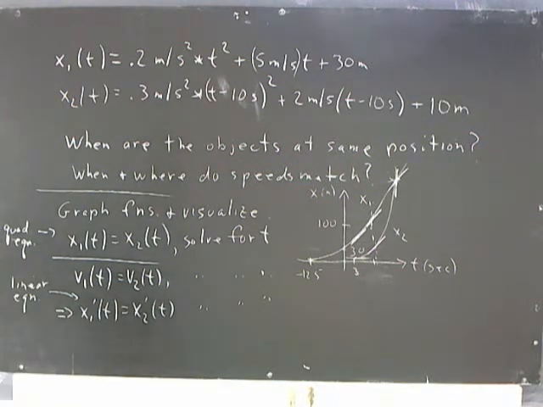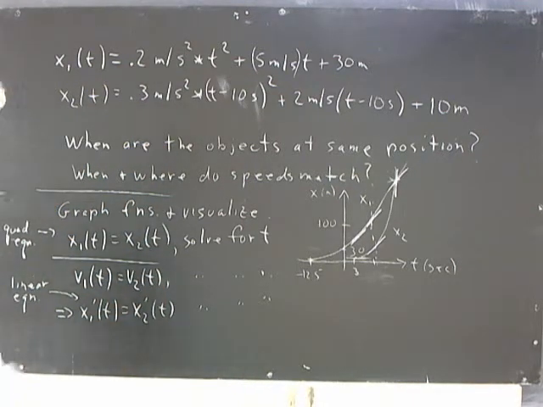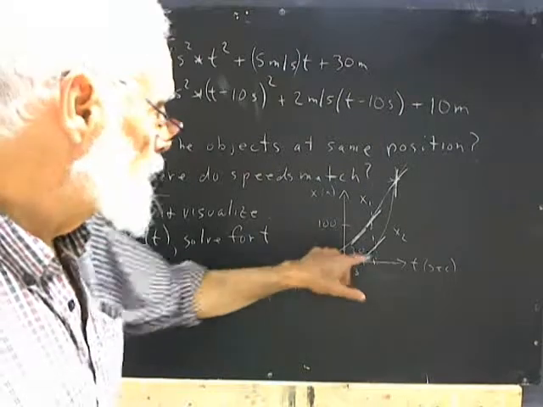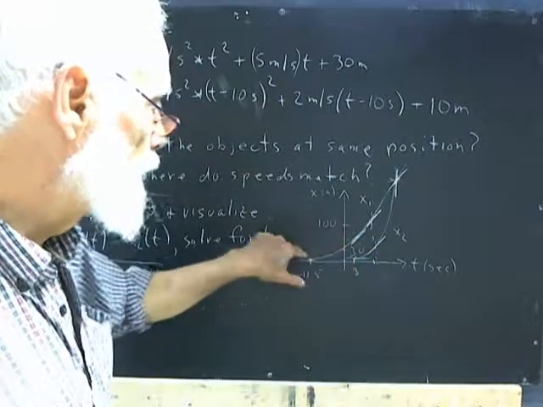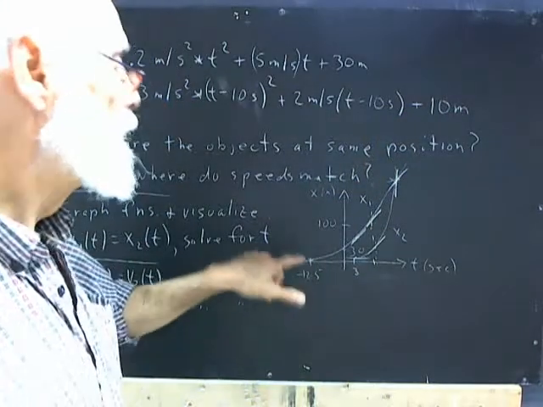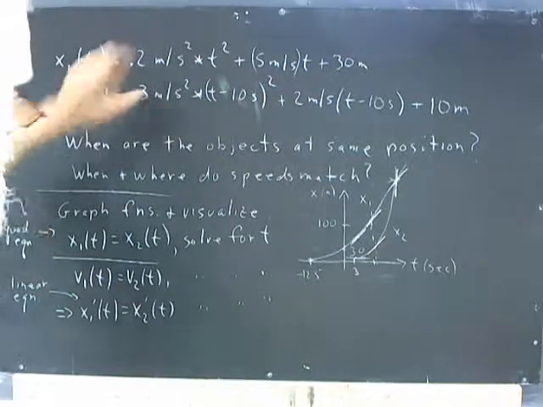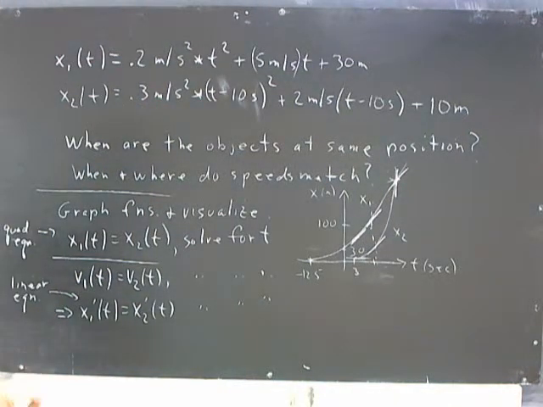I'll comment that if it was an impossible situation, which it would be if this was 0.2 and this was 0.3, then this one would be to the left. The vertex of this graph would be to the left of the vertex of this graph being basically steeper. This object would never catch up with this object if you switched these accelerations. Solving the quadratic, what would happen?